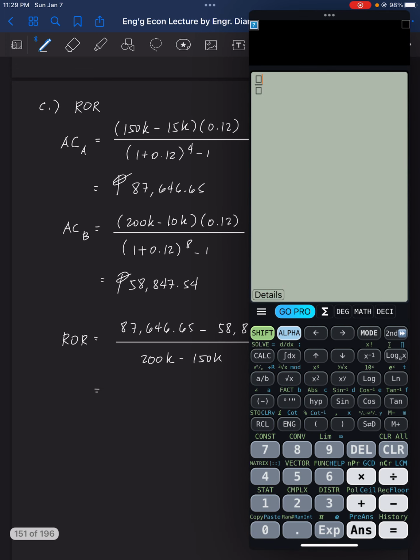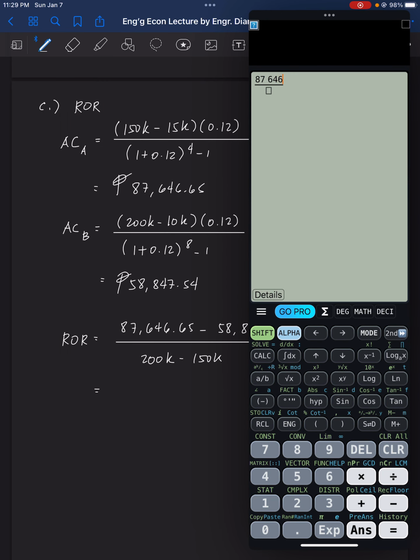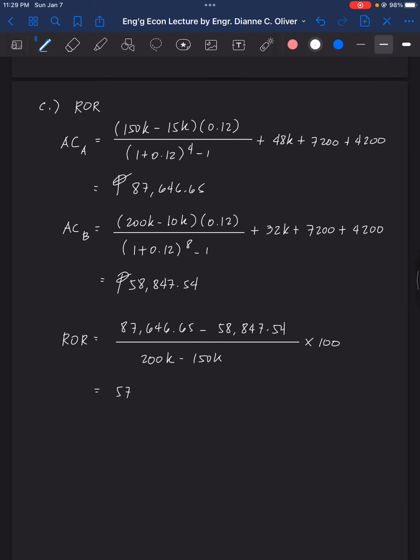So that is equal to 57.6%. So that's for letter C.